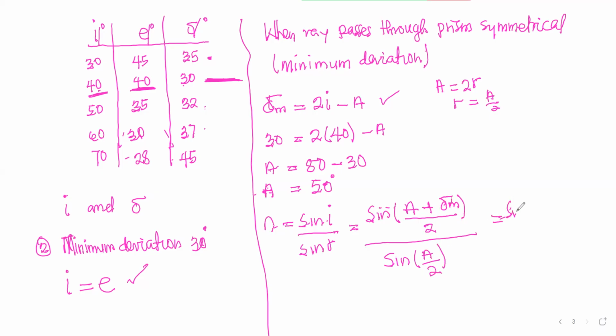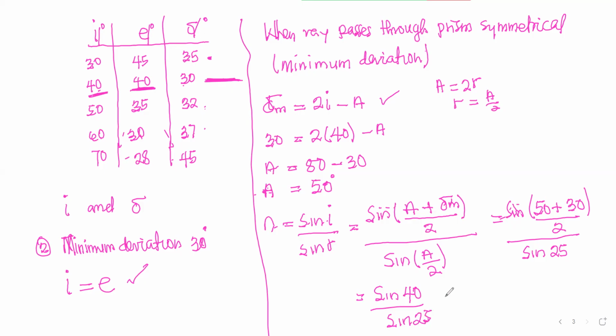So you have calculated A, which is 50. The minimum deviation is 30. Divided by sine of A over 2, which is 50 over 2, so sine 25. The rest is just calculation. So the numerator will be sine of 40 on sine of 25.